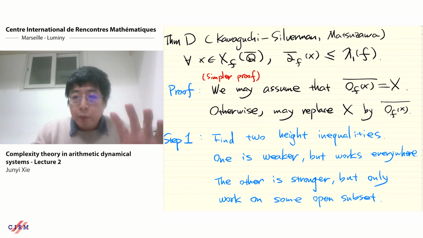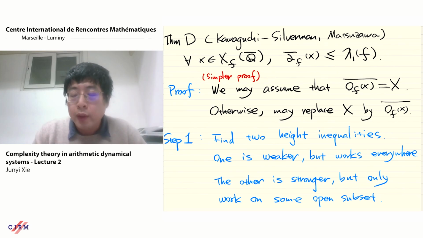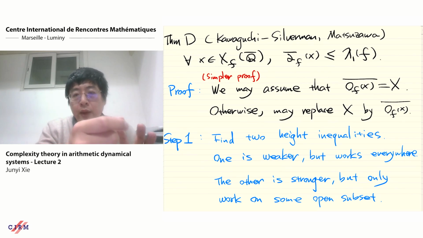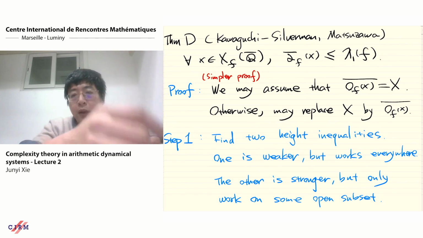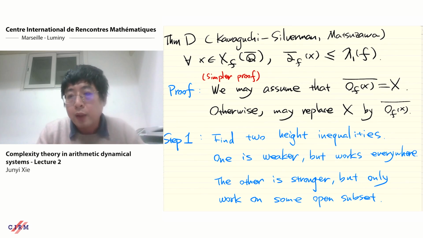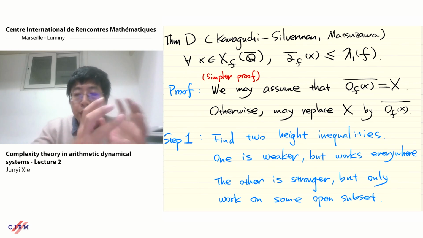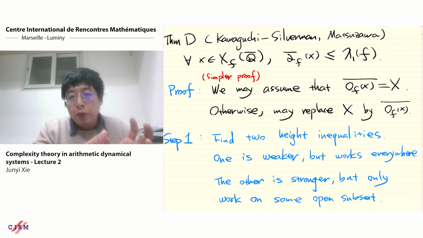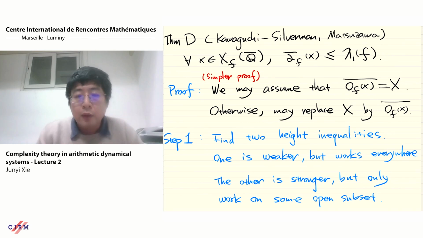Then we combine these two inequalities. You look at the orbit of x. If it is contained in some bad locus, then you use the weaker inequality. And if it is not contained in the bad locus, then you apply the stronger inequality. You want to show that most of the time you are not in the bad locus, then you combine them, and you get quite a good upper bound, and taking the limit, you get what you want.